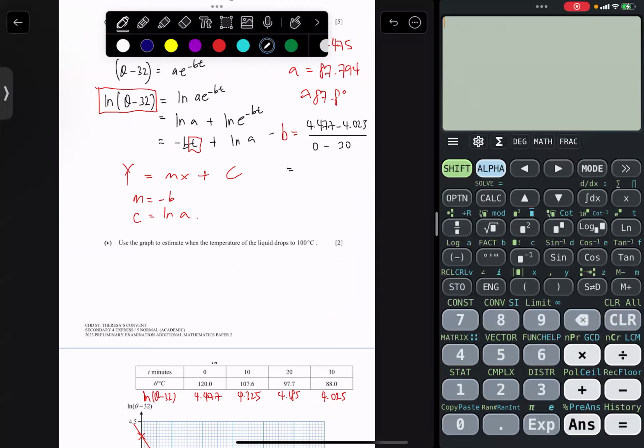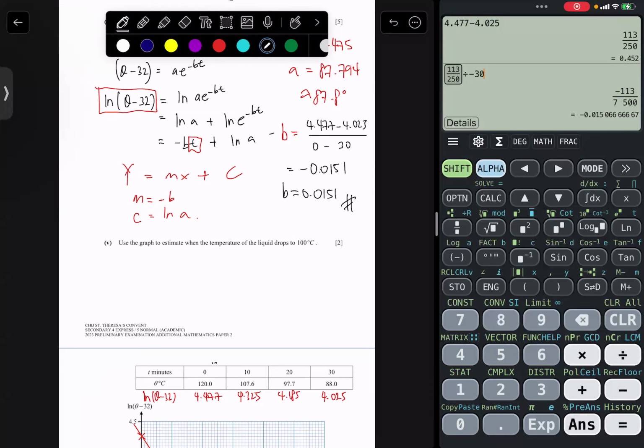Let's check out. 4.477 minus 4.025 divided by negative 30. I think this is a better result. Negative 0.0151. So B equals to 0.0151.